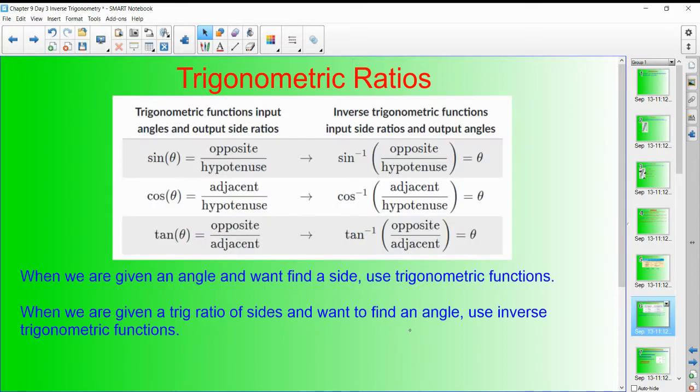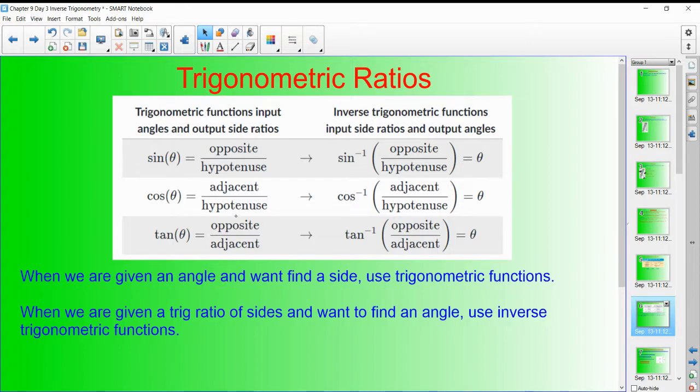But what we can add to them is, if we're trying to find the angle, we're going to take the inverse of the ratio. So these two statements are really important. When we want to find the side, we use our standard trigonometry.